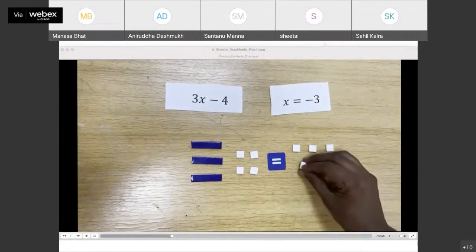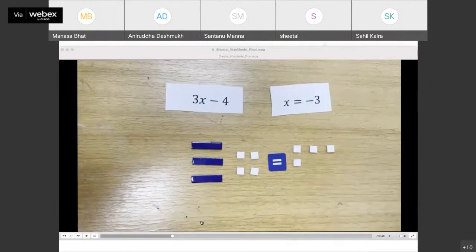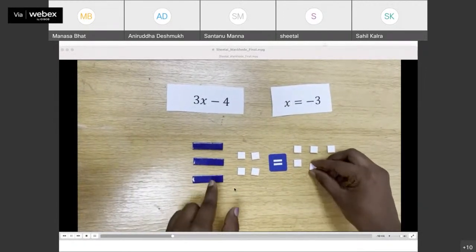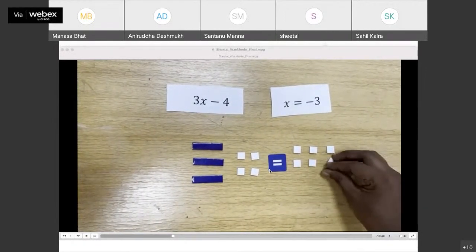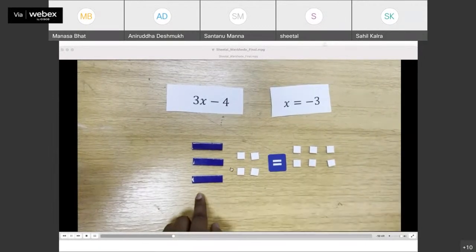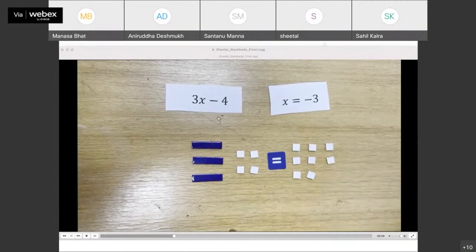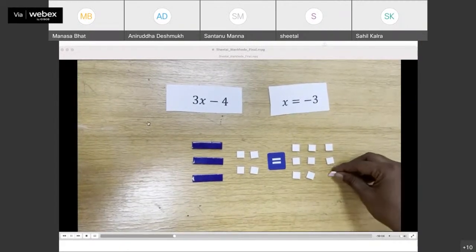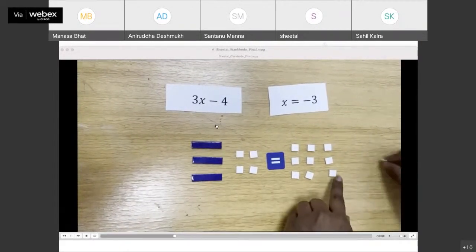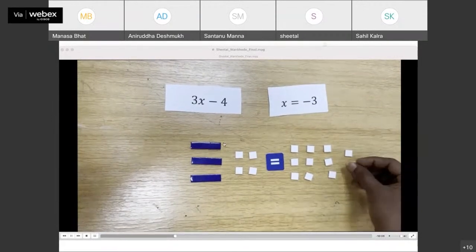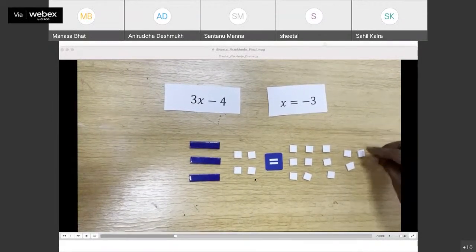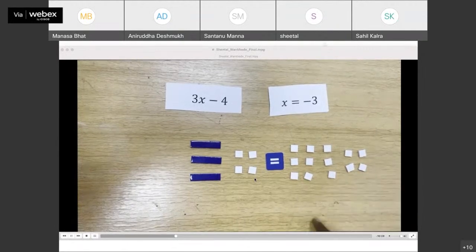Okay. Again, we need to substitute for these tiles. So instead of x, we have this minus 3. Similarly for this x also, we have this minus 3. And this minus 4 as it is we want. So now calculate all the values.